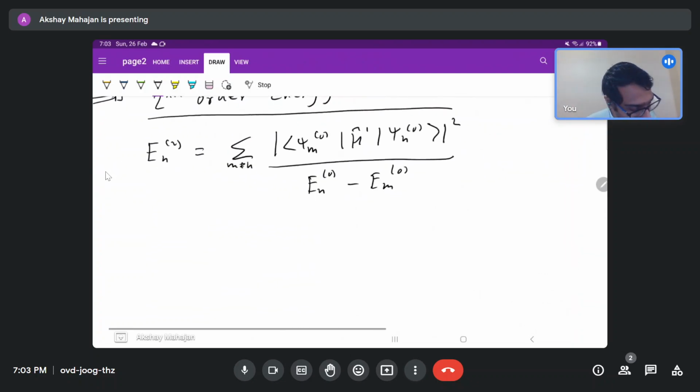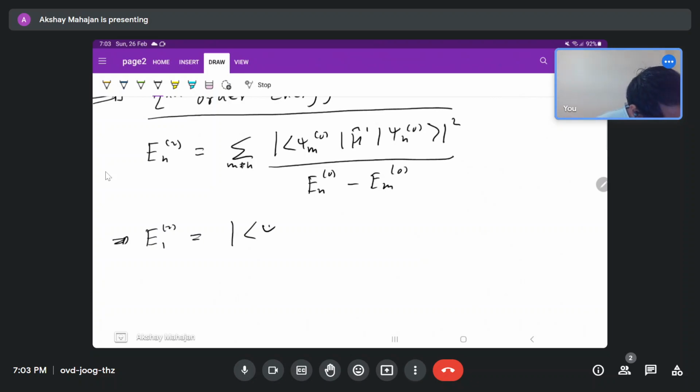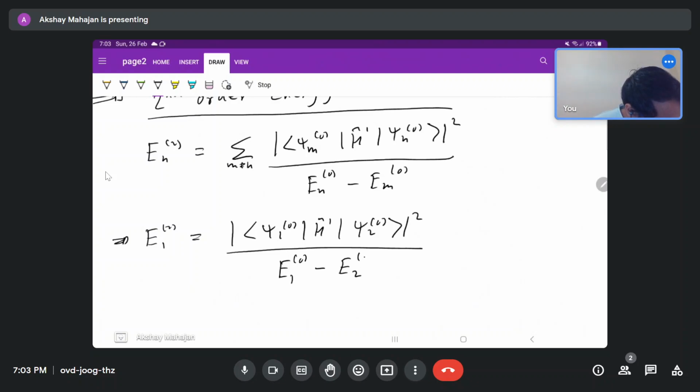Now using this, for the first order correction we will have psi 1 of the zeroth order h cap prime psi 2 of the zeroth order whole square divided by E, with n equal to 1 and m equal to 2.